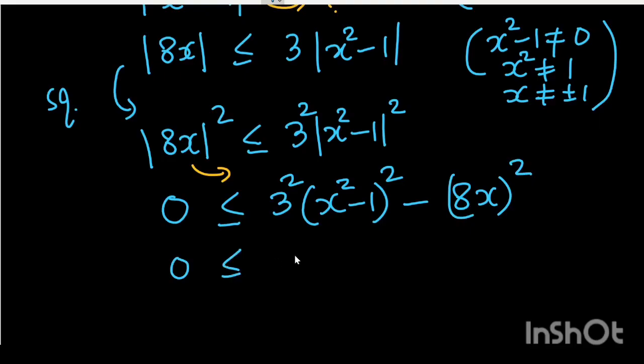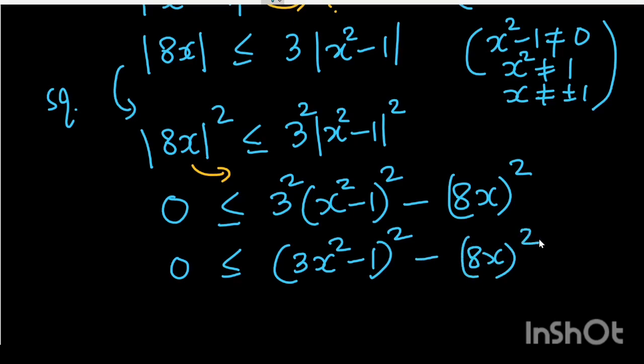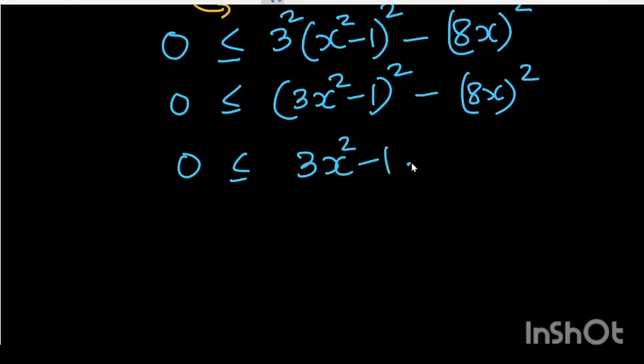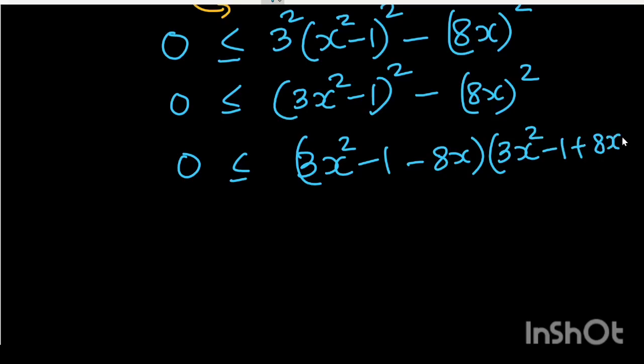So we can write this as 3, if it goes inside it goes as 3 because of the square, x square minus 1, minus 8x whole square. So which formula can we use? Yes, we can use this: a minus b, a plus b. So a minus b is this, and a plus b is this.